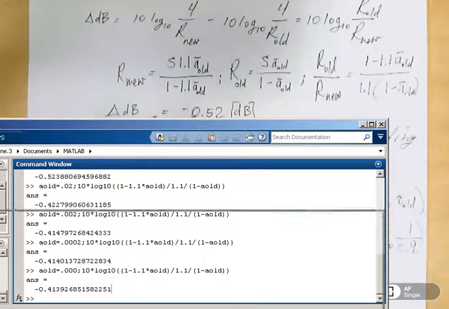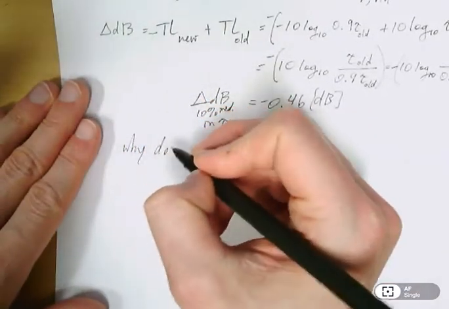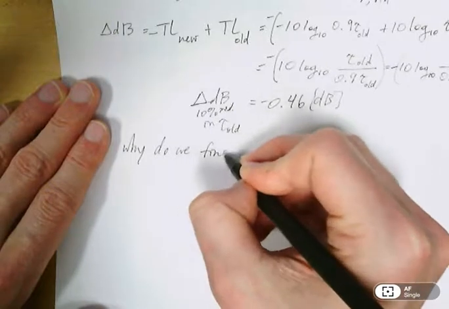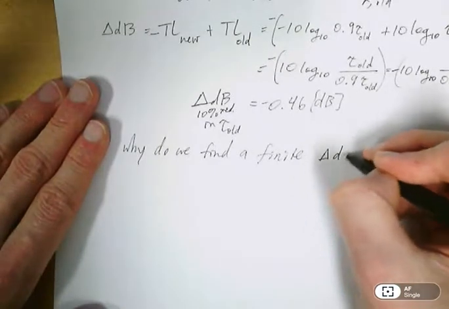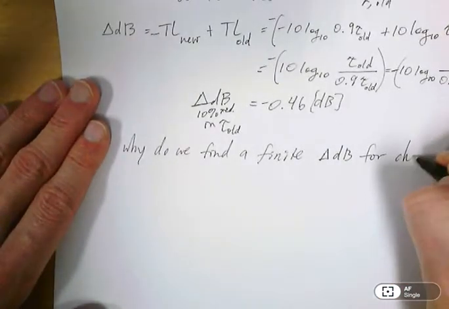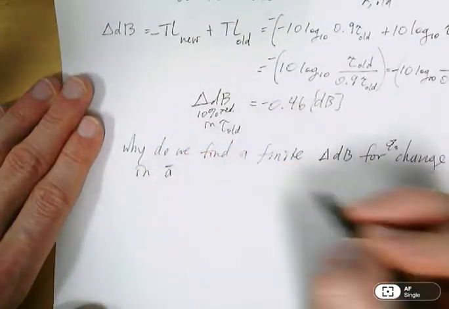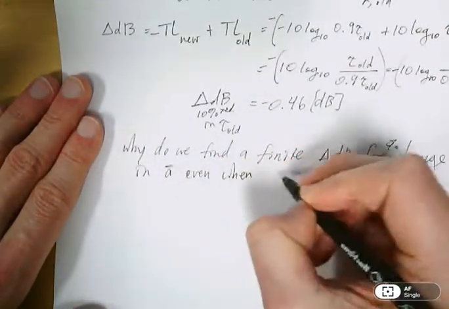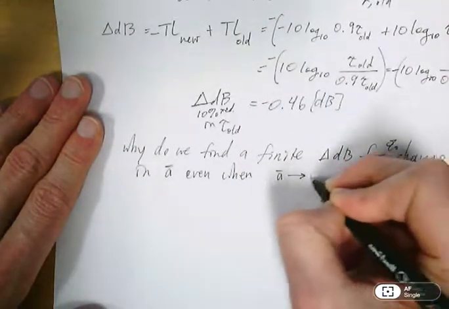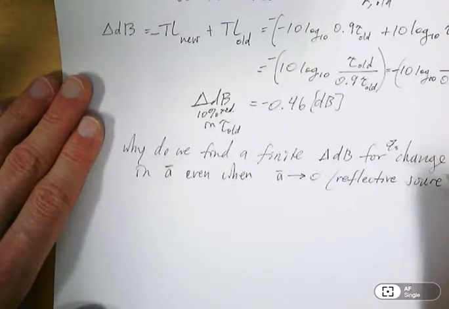The room constant, so in other words, why do we find a finite delta dB for percentage change in A bar, even when A bar goes to 0? Reflective source and or receiver rooms.